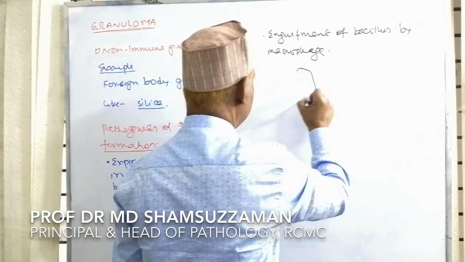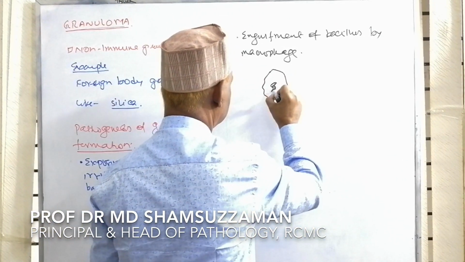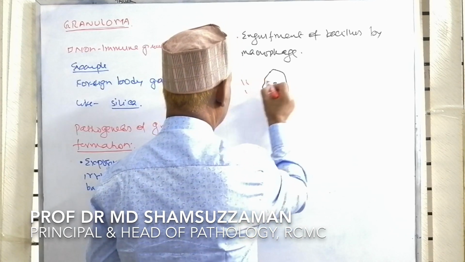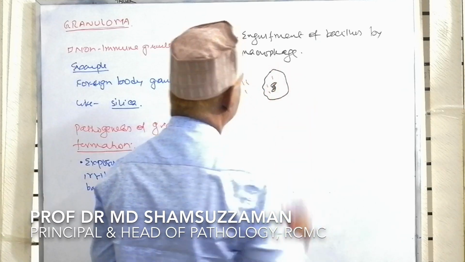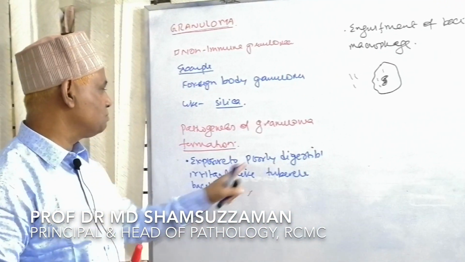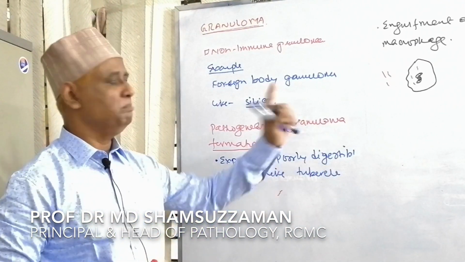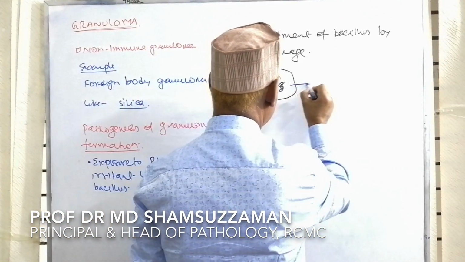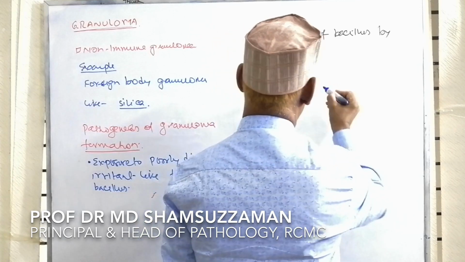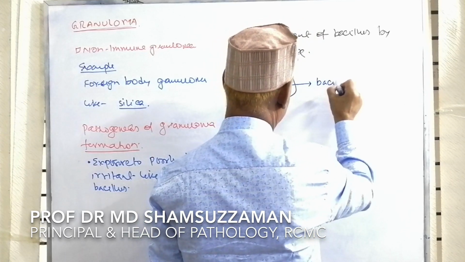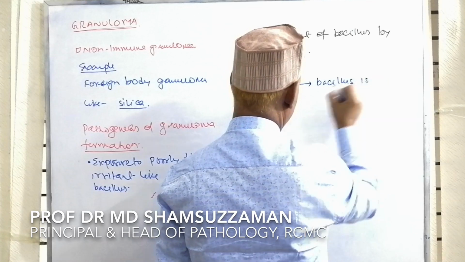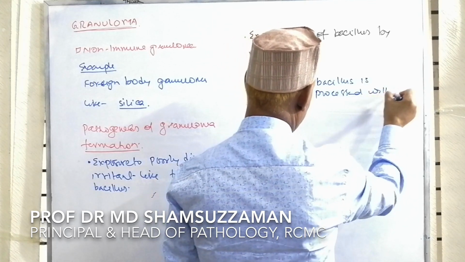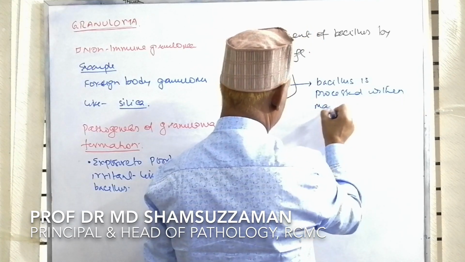Suppose this is the macrophage, and this macrophage engulfs the bacillus, which is very poorly digestible for the macrophage. Later on, what happens here? The bacillus is processed within the macrophage.